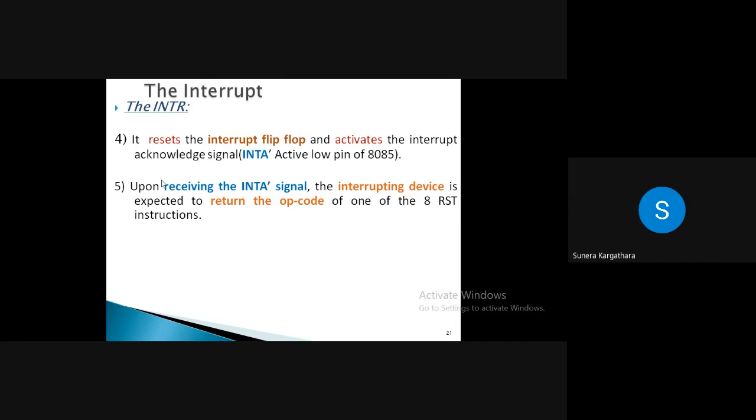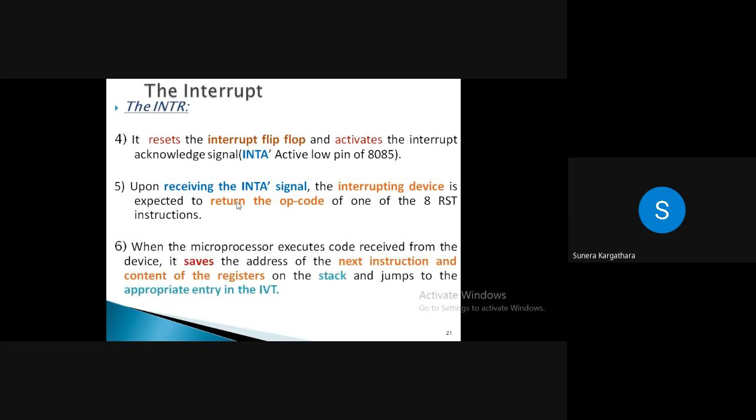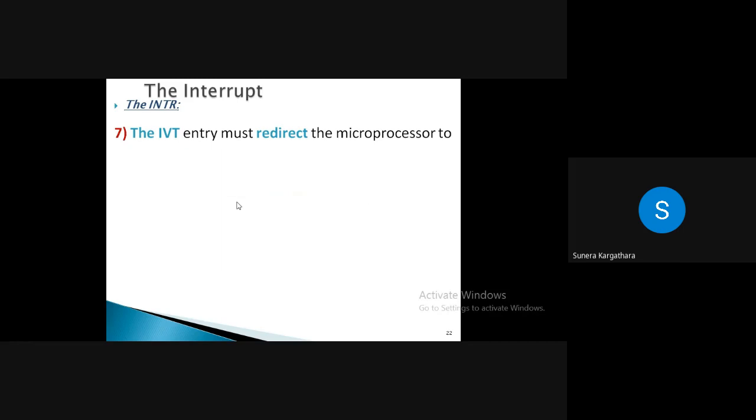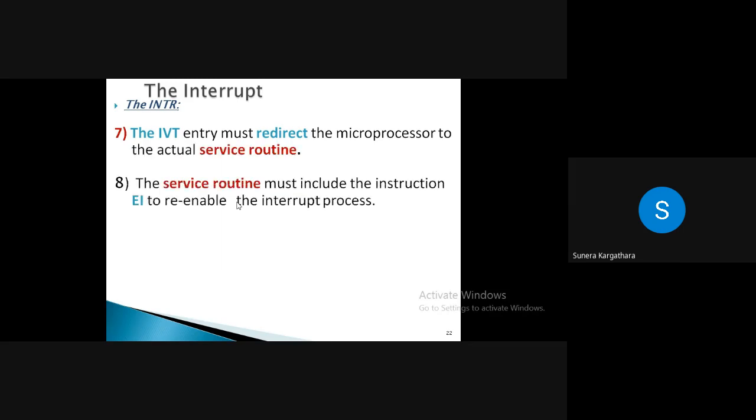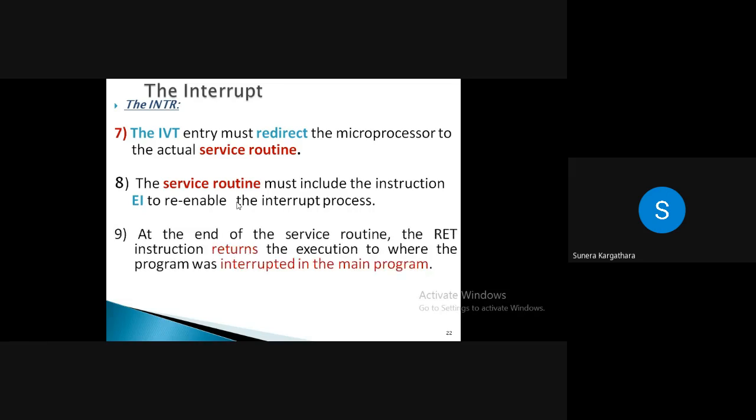In answer to that, it sends an acknowledgement signal to the peripheral, right? And then once the processor is free, it will go to the interrupt service routine, right? So that is what is discussed in the steps. You can check. Then it will go and perform the service routine.